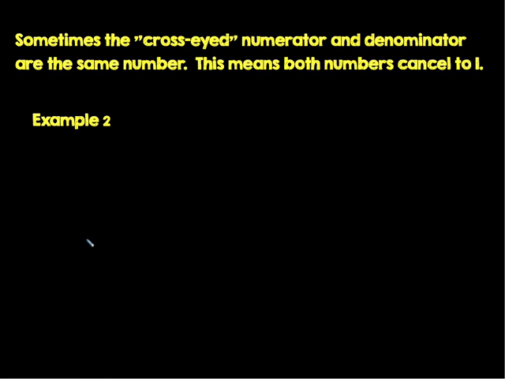Now, sometimes the cross-eyed numerator and denominator are the same number. This means that both numbers cancel to 1. So let's look at example number 2. I start with 1/6 times 6/7.